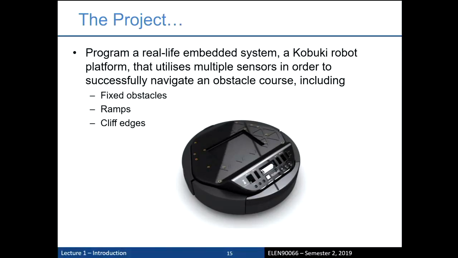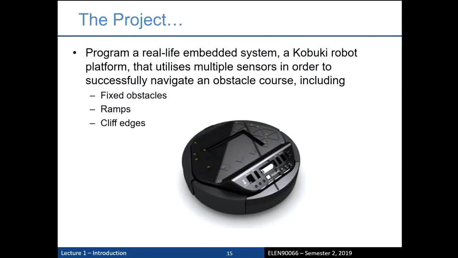Right, so you might think that's fairly simple. It's not that simple, particularly when you have to think about ramps being involved. And your goal is going to be to get this guy around an obstacle course where there are some static objects in the field, and there's also a ramp which you must detect that it's on an incline, climb it successfully, get to the top, etc. No crashes allowed, no falling off the edge, and do it as quickly as possible.